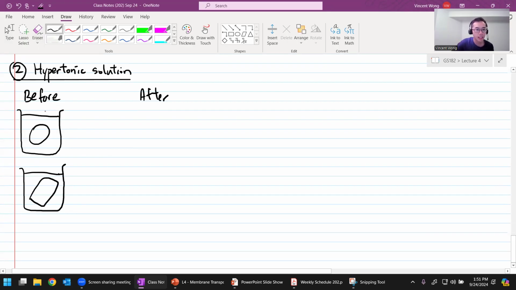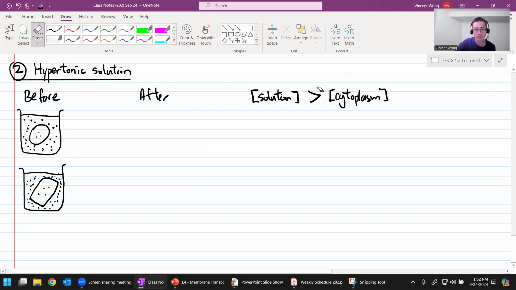In a hypertonic solution, there will be more solute outside, higher concentration outside than inside. So the concentration of the solution is greater than the concentration of the cytoplasm. The symbol is greater than, right? Well, you learned that in math, right? Here, I'll write it down.